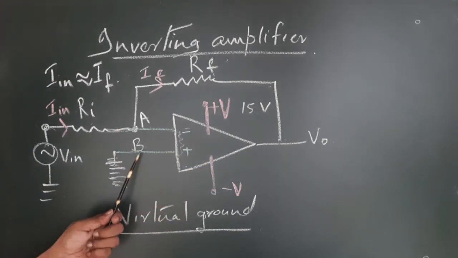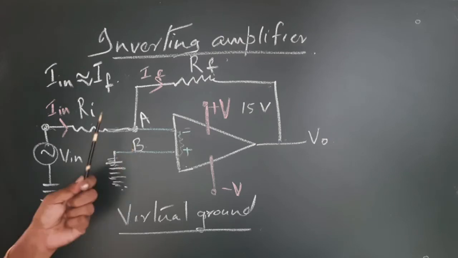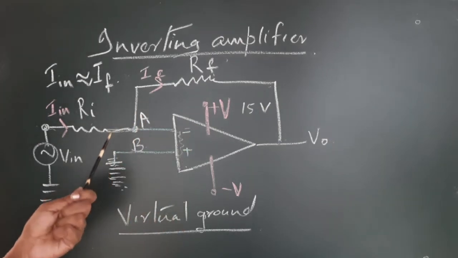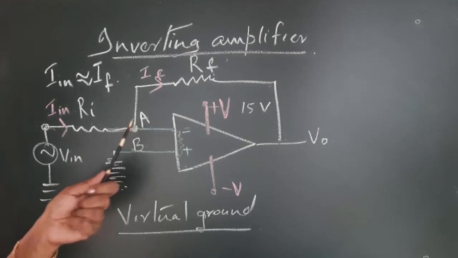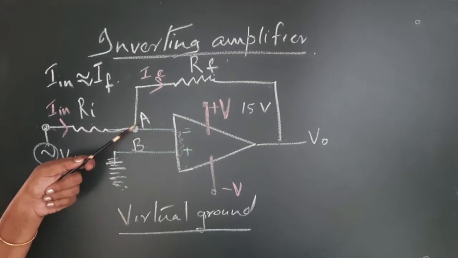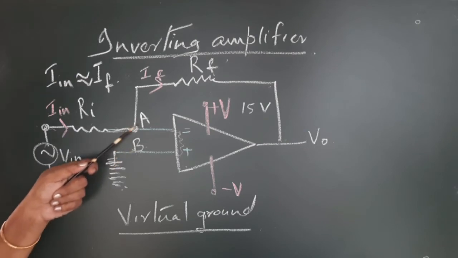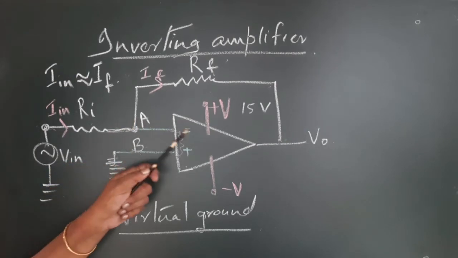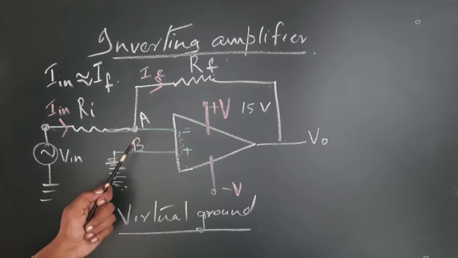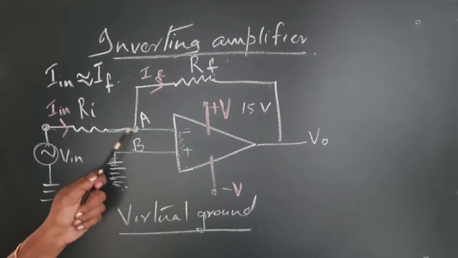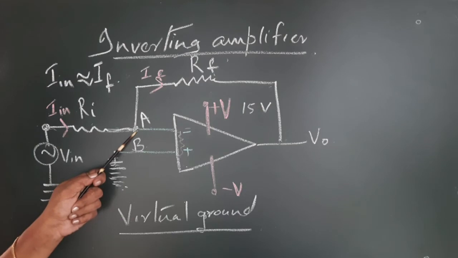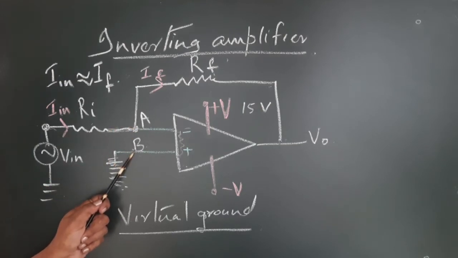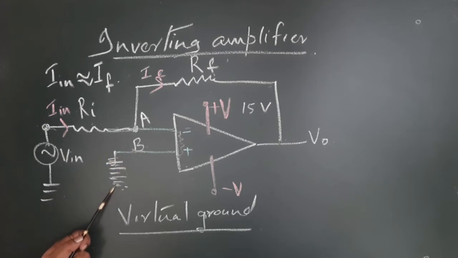So, as no current is entering the op-amp, you can justify that the points A and B are more or less at the same potential. That is why no current is flowing. So, in that concept, you can call this point A to be at the same potential as B, and B is grounded.